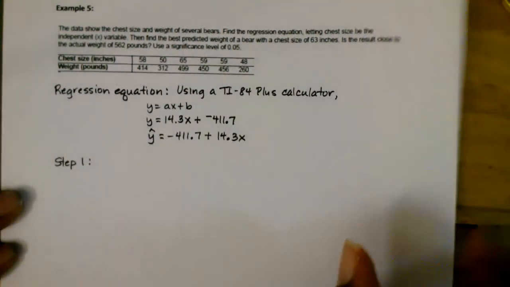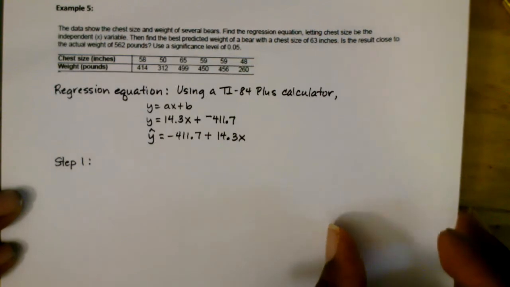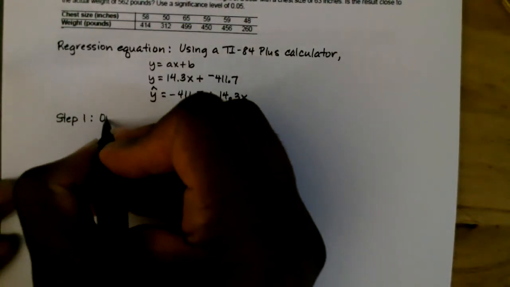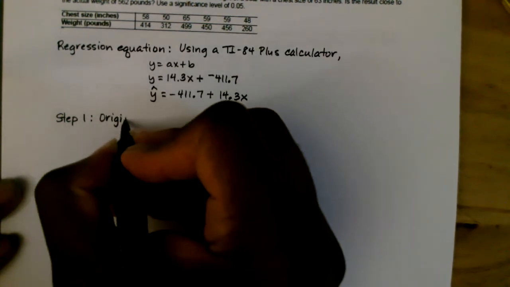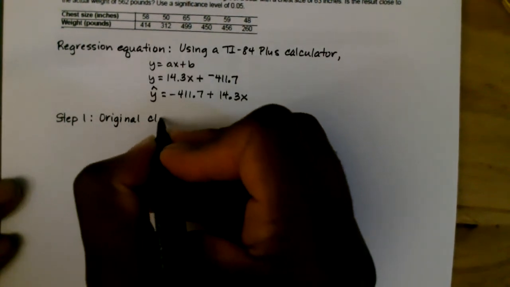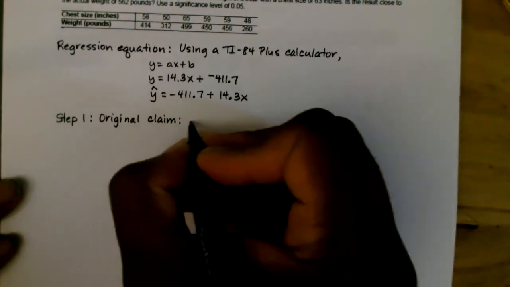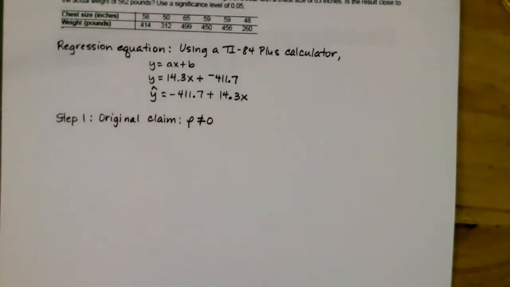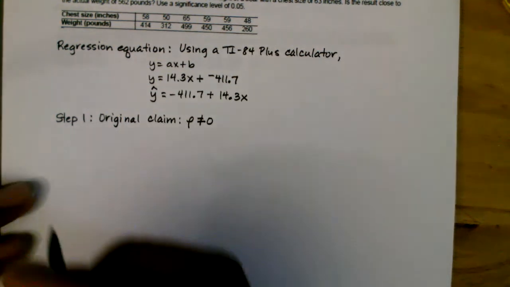We want to find out, is this equation a good model? Step number one is the original claim. We're testing the claim that there is a linear correlation between these two variables. So the original claim is rho is not equal to 0, meaning that there is a linear correlation.